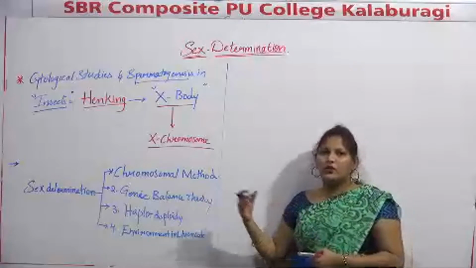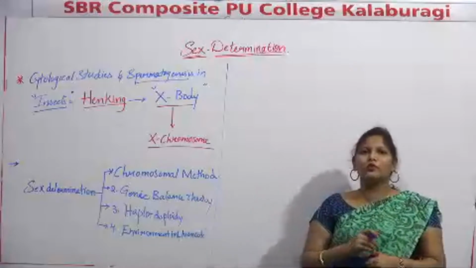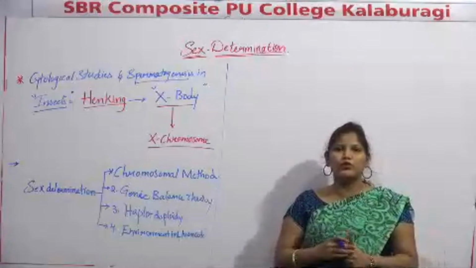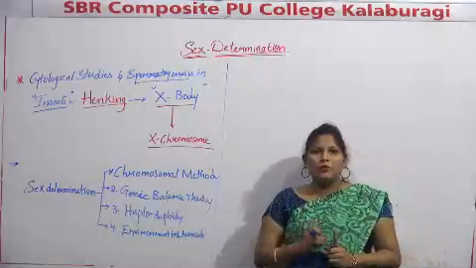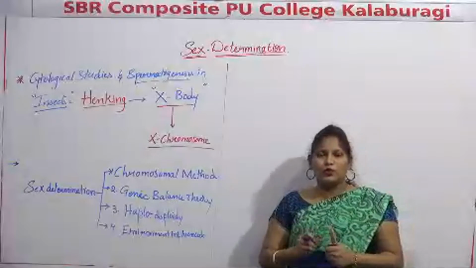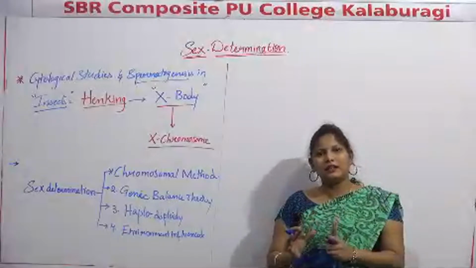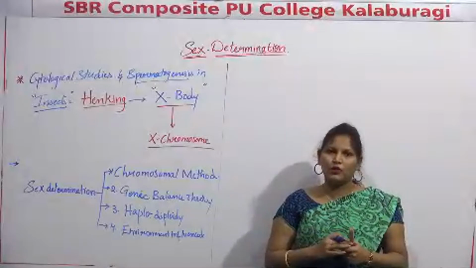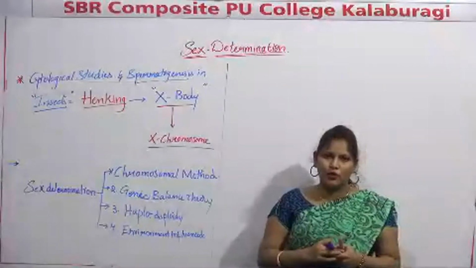But before going to this chromosomal method, the chromosomes are broadly categorized into two types. The chromosomes which determine the sex of an offspring are known as allosomes, and the chromosomes other than allosomes are known as autosomes or somatic chromosomes.